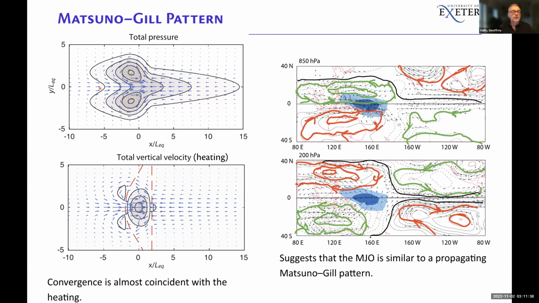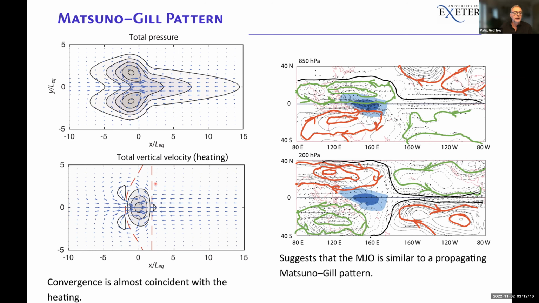And this resulting pattern in the pressure field comes from two main effects. One, east of the pattern, you actually have a Kelvin wave, and it may be damped because of frictional effects or radiative damping. So here we're just showing the stationary pattern associated with that heating. This lobe extending eastwards is actually a stationary Kelvin wave, and these two lobes on either side, which are slightly west of the heating, are actually stationary Rossby waves.